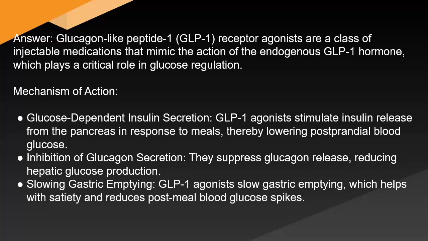Glucose-dependent insulin secretion: GLP-1 agonists stimulate insulin release from the pancreas in response to meals, thereby lowering postprandial blood glucose. Inhibition of glucagon secretion: they suppress glucagon release, reducing hepatic glucose production. Slowing gastric emptying: GLP-1 agonists slow gastric emptying, which helps with satiety and reduces post-meal blood glucose spikes.